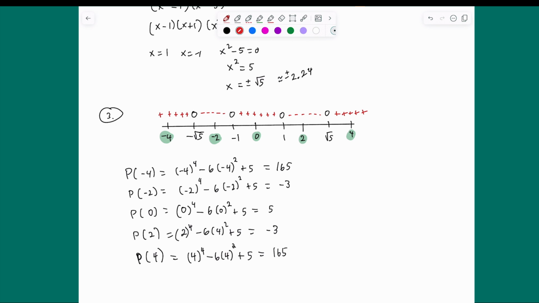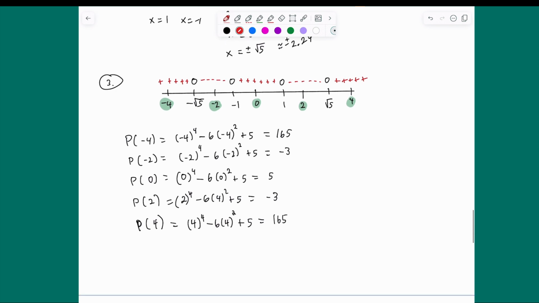All right, so we can interpret this now: the solution of p of x greater than or equal to 0 is the interval from negative infinity to negative root 5, union negative 1 to 1, union root 5 to positive infinity.